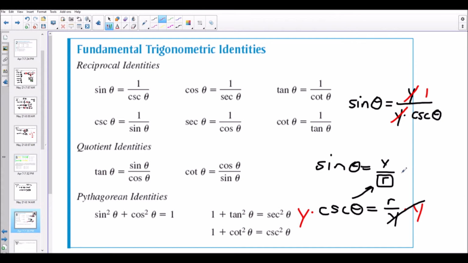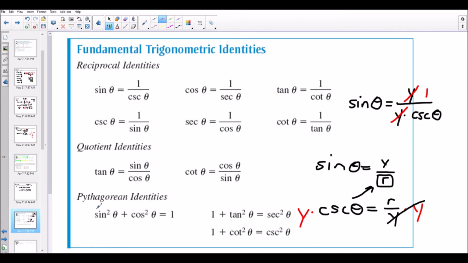What I meant to say was if you multiply both sides by r, you could substitute r times the sine of theta in the denominator right here for y because it's equal to y, and then the r's would cancel and you'd get cosecant of theta equals 1 over the sine. It all works out for the reciprocal identities in that same sense. So the idea is that each one of these trigonometric functions can be related to another one through a reciprocal identity.